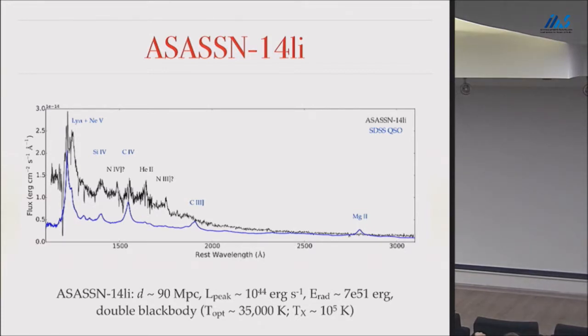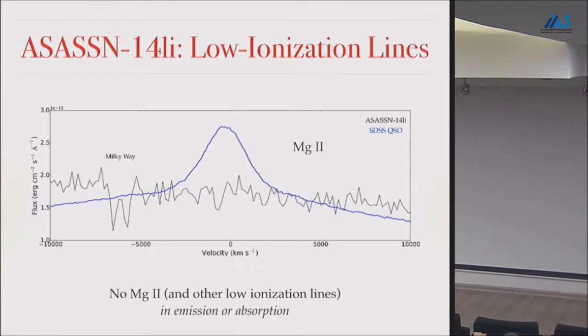So let's zoom in on a couple features of interest here. This is the magnesium-2, which I'm going to take as representative of low ionization lines: magnesium-2, carbon-3, silicon-2, carbon-2, these kinds of features. ASASSN-14li is in black, the quasar shown in blue here. You see this nice emission feature in the quasar. There's nothing like that in ASASSN-14li.